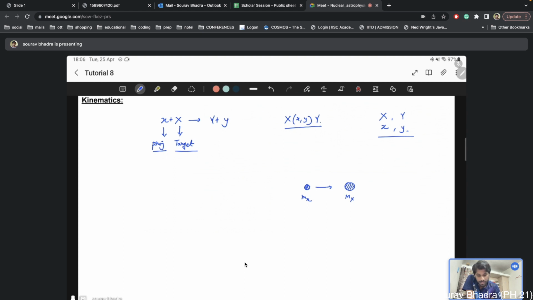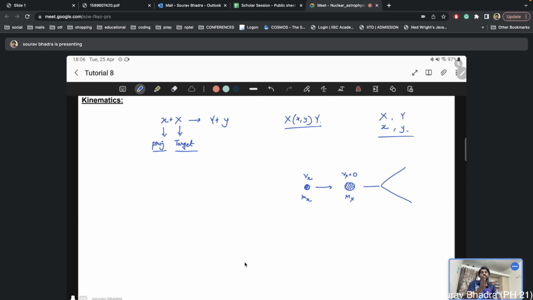These two generally react, and then two products form. The projectile has some kinetic energy and some velocity Vx, and we consider in the lab frame that capital X, the target, does not have any velocity. That means V capital X is 0.